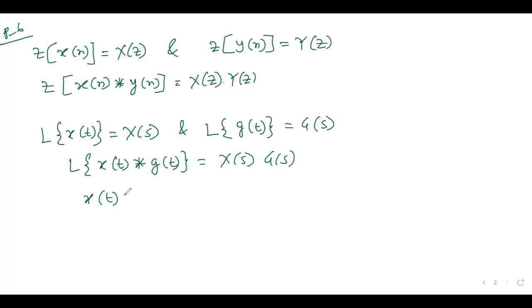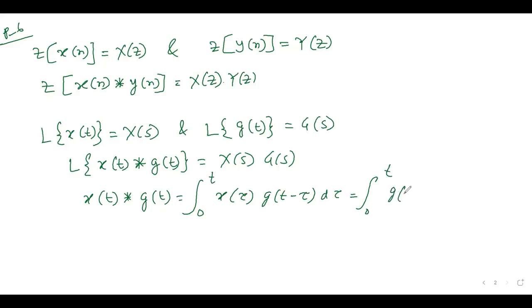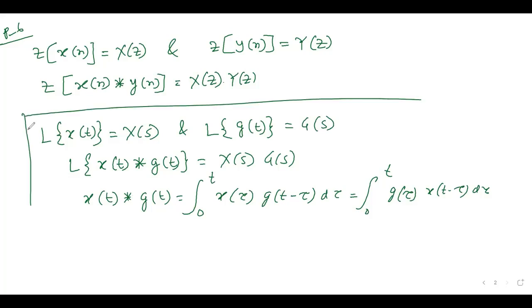Convolution means the integration from 0 to infinity of x tau gt minus tau d tau. Or you can also write it as integration 0 to t of g tau xt minus tau d tau. You can write it this way.